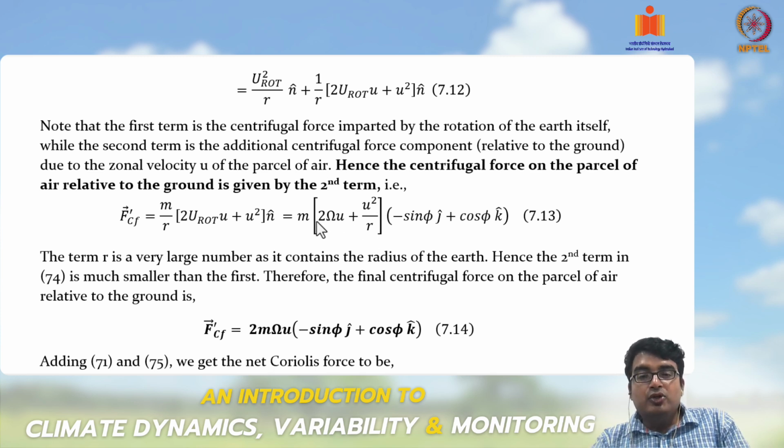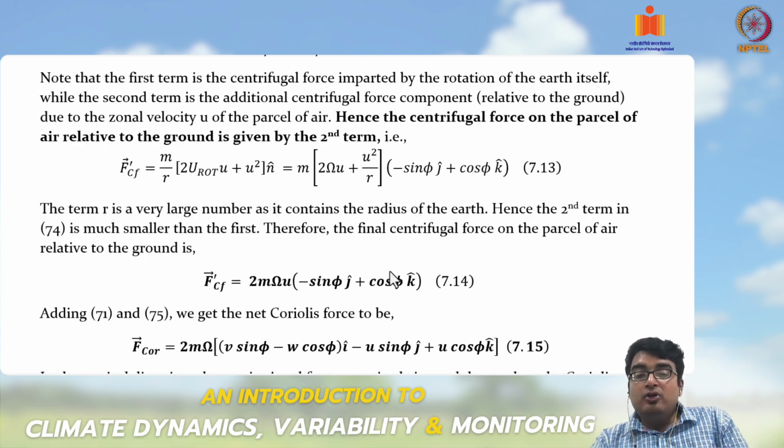So you are just getting m into twice omega u into minus sin phi j plus cos phi k, as you can see here. Note here, this centrifugal component is in the j and k direction, meridional direction and vertical direction. So, the y component of centrifugal force is this one, the z component of centrifugal force is this one.